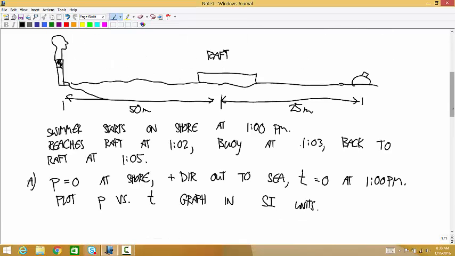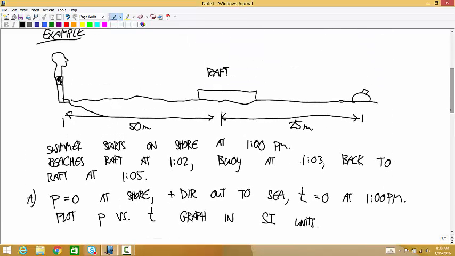All right, so to me, the easiest way to think about this is, we said that the 0 position is at the shore, so I'm going to just label this point with the number 0. Positive direction is going this way. So if you go 50 meters in the positive direction from 0, then we can label that plus 50. If you go another 25 meters from 50, you get 75.